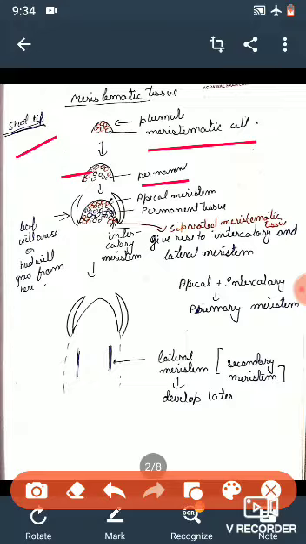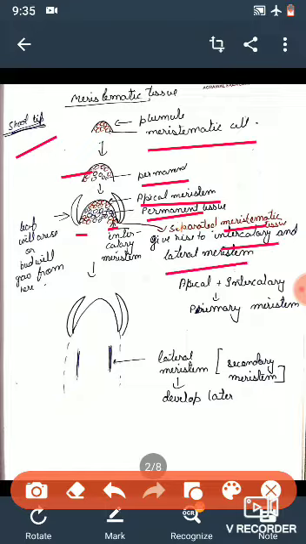From this meristematic apical meristems, some cells get separated. Here you can see this side and this side. From the apical meristem actively dividing cells, some cells get separated and in between permanent tissues are there. From this separated meristematic tissue, they give rise to intercalary and the lateral meristem.